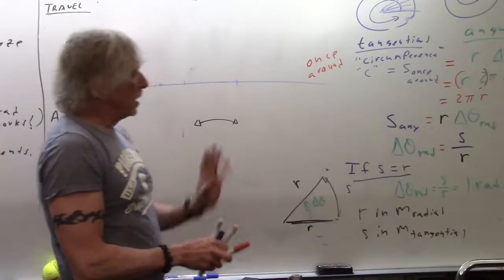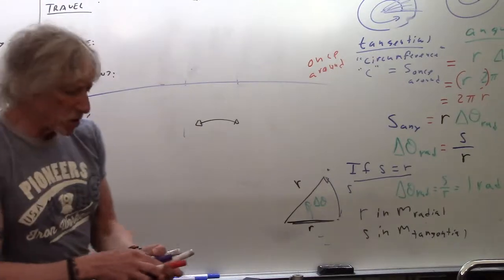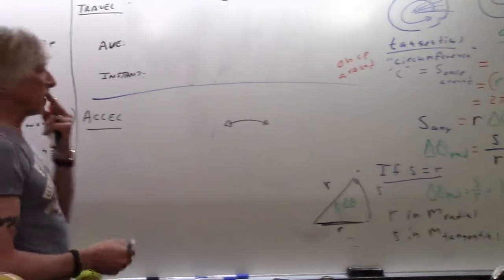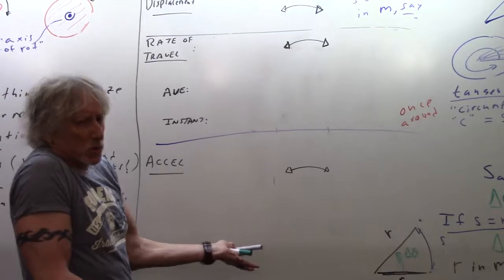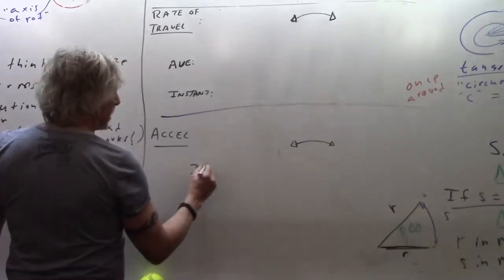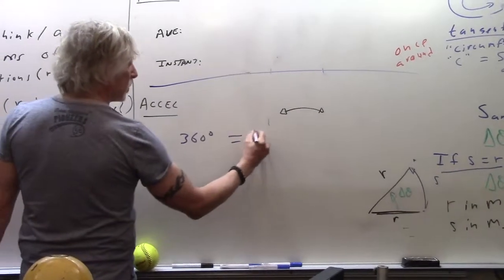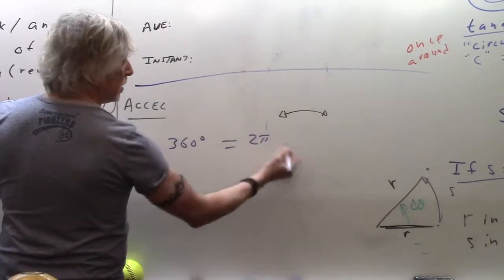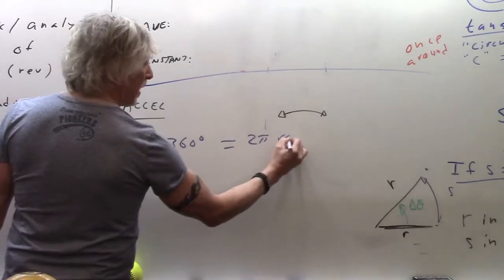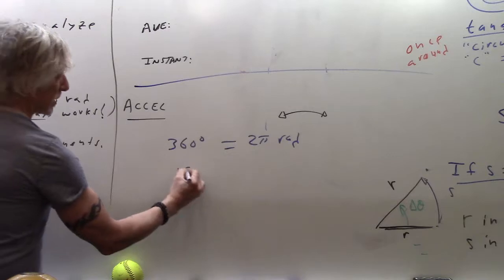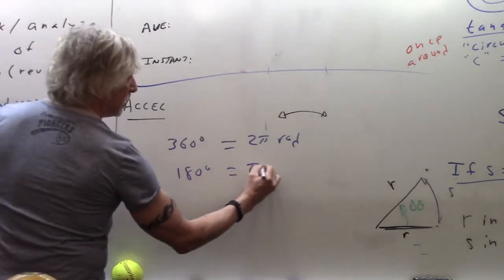Let me go over here and finish this relationship up. What's the relationship between radians and degrees? We use degrees a lot. Well, obviously 360 degrees is physically equivalent. They're both angles. So once around is 2 pi radians.